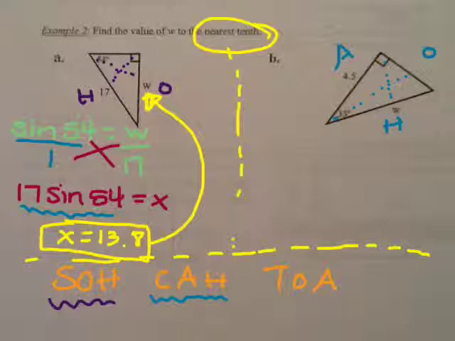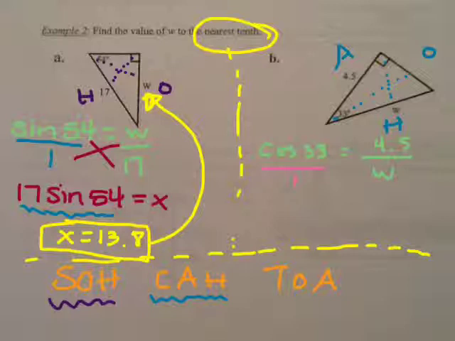So we're going to fill it in the exact same way. We're going to say cosine of your angle 33 is equal to your A, so 4.5, over your H, which is W. And just like the last problem, you're going to cross multiply.